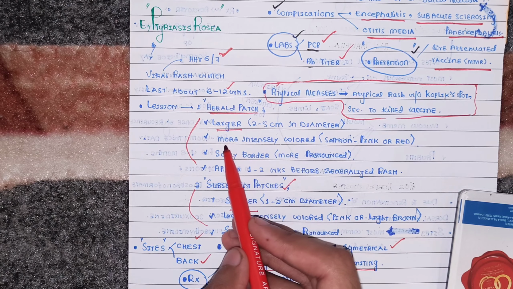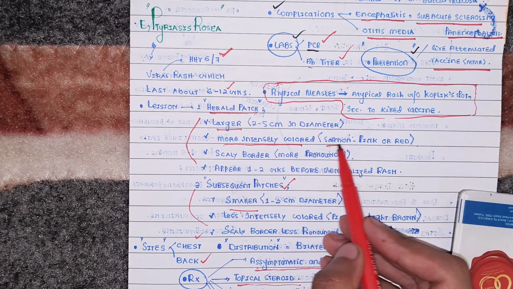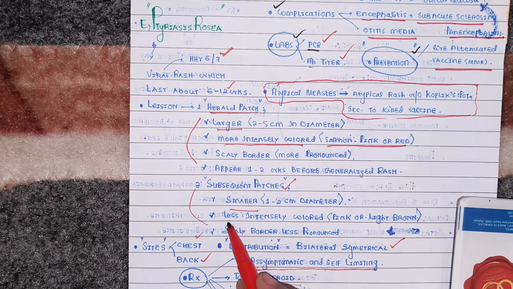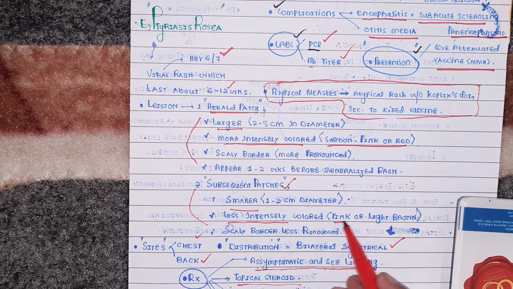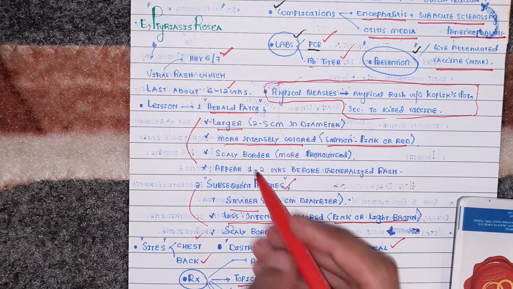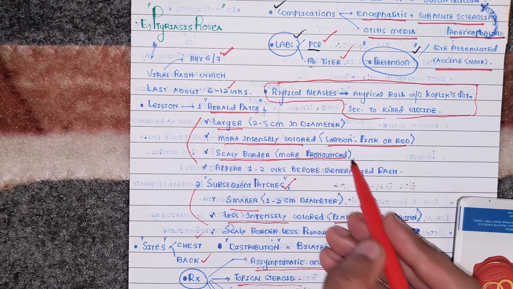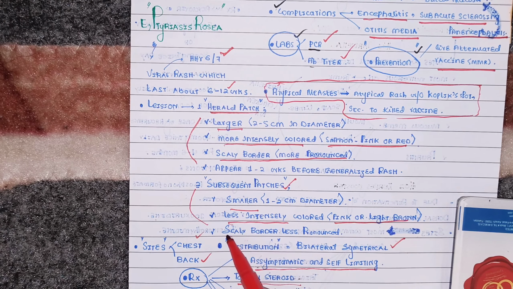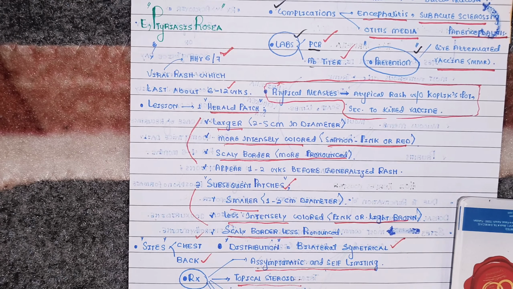Herald patches are more intensely colored, salmon pink to dark red, but subsequent patches are less intensely colored, pink or light brown. Herald patches have more pronounced scaly borders, while subsequent patches have less pronounced scaly borders.